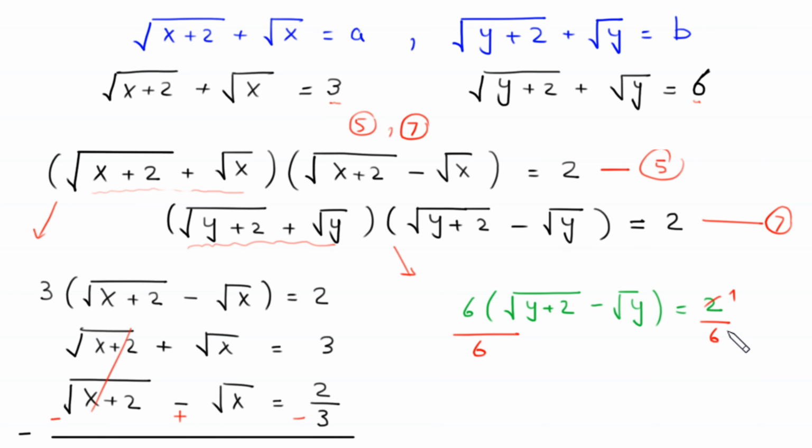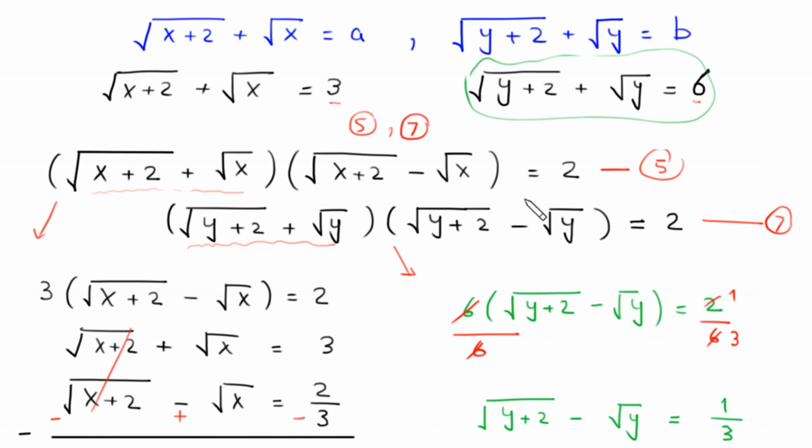So 2 one time and 2 3 times 6, this 6 will be cancelled out and we are left with root y plus 2 minus root y is equal to 1 over 3, and we subtract this equation from this equation.